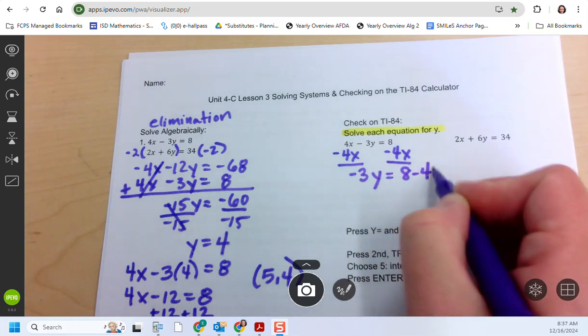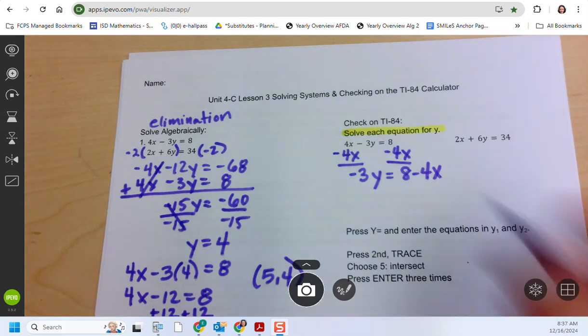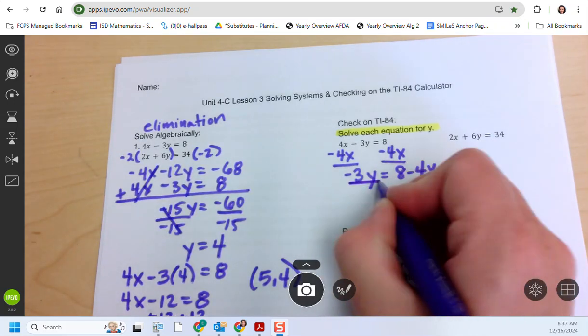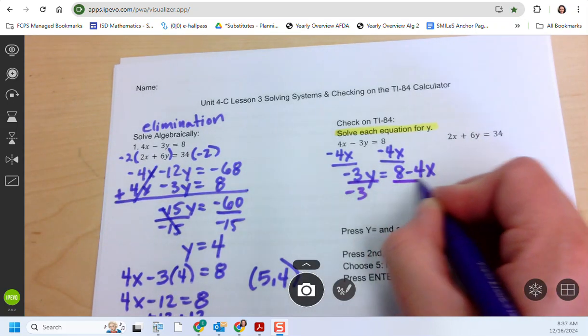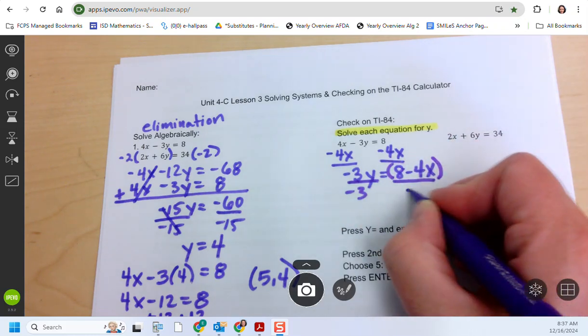Now once you have that, grab your calculator and press the y equals button, which is on the top left. If there's anything in your y equals, you need to press clear to get rid of it. So I'm going to go to my calculator now.